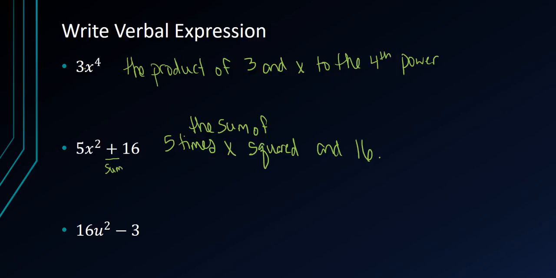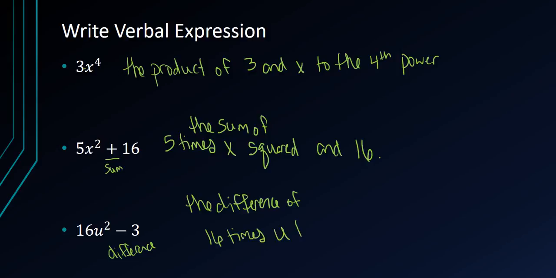Let's see, we have subtraction here. Let's do difference for that one. Okay, you could also say minus or something like that, but I'm going to try and use words that we're not as familiar with. So let's do the difference of 16 times u to the 2nd power.